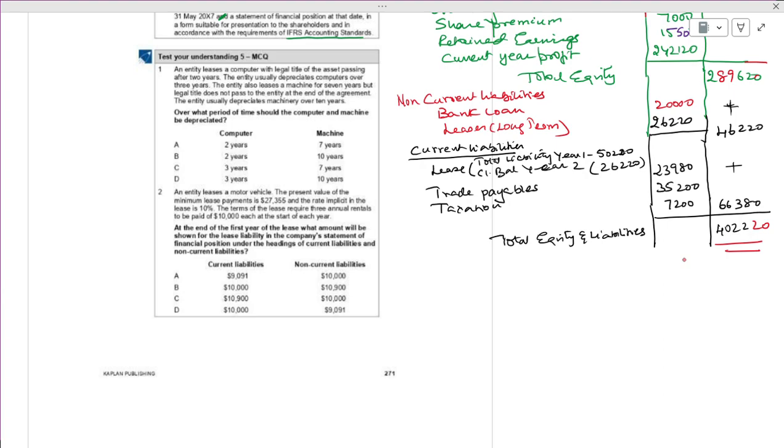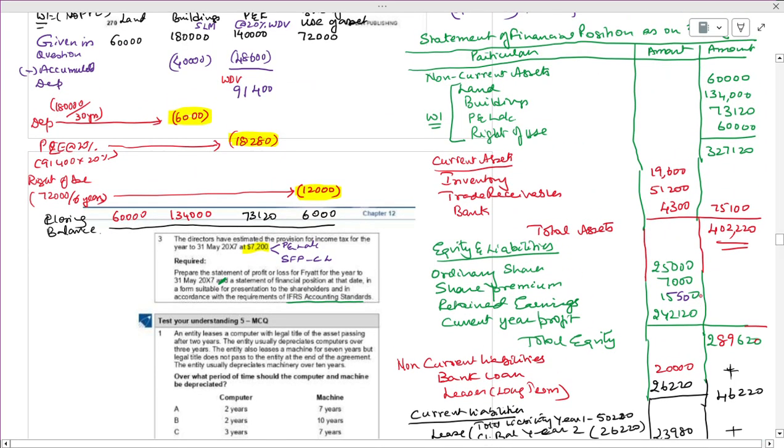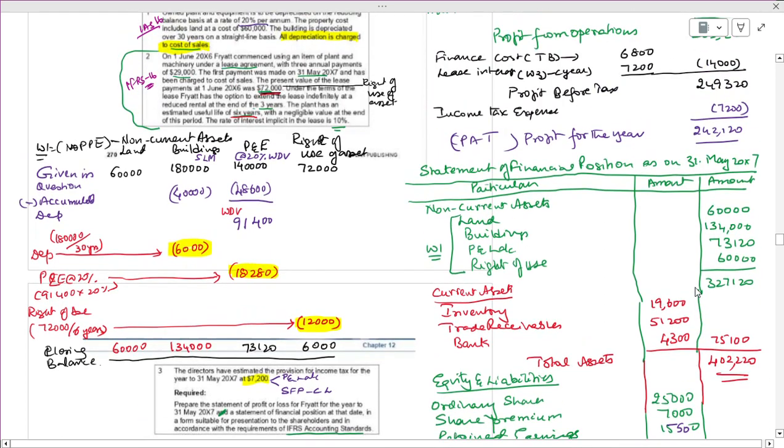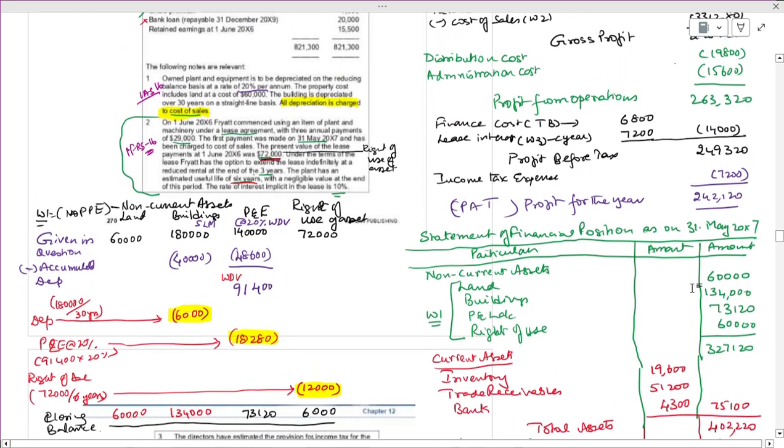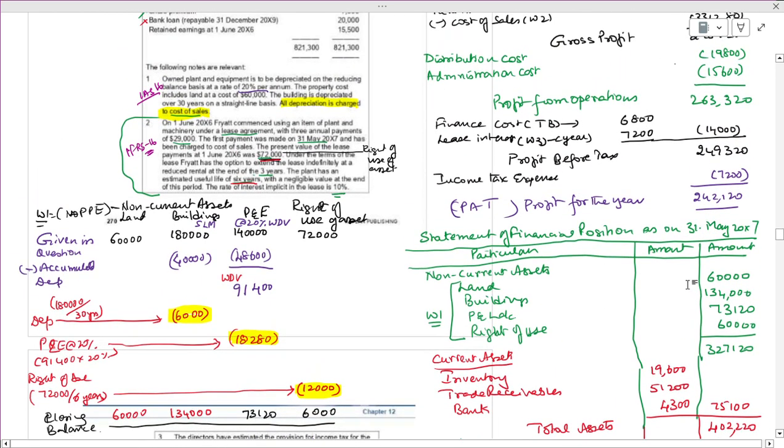Doctor, before we move, I just want you to explain the working three, that lease. Where do we find it in the question? Note number 2, lease. What did they say? Can I read note 2?